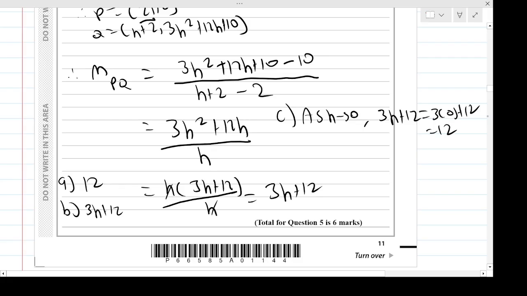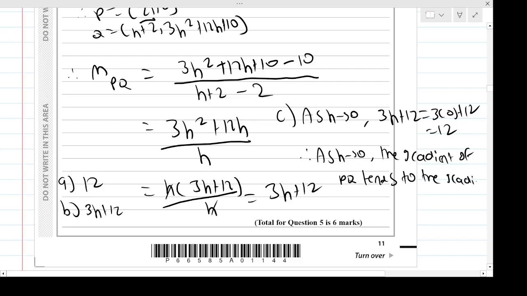Well, that's the answer to part A then. So therefore I'm going to say that as h tends to 0, the gradient of PQ tends to the gradient of the tangent at P.